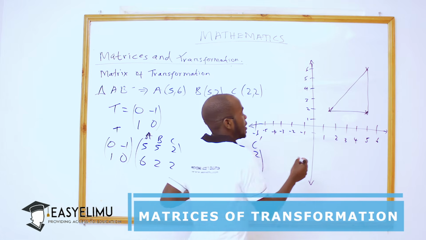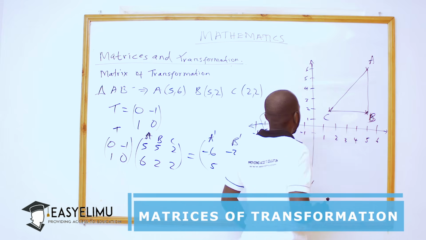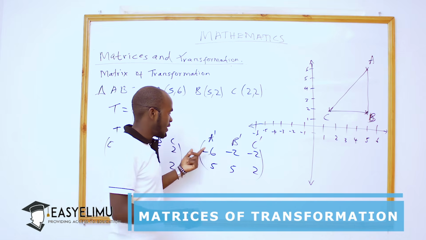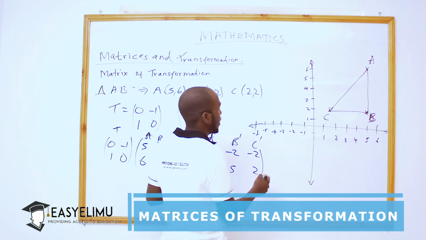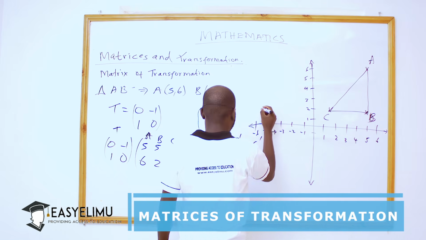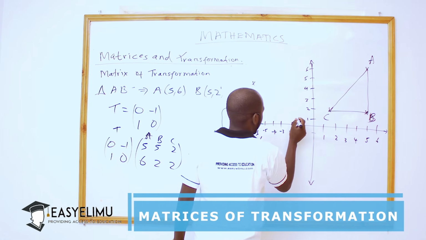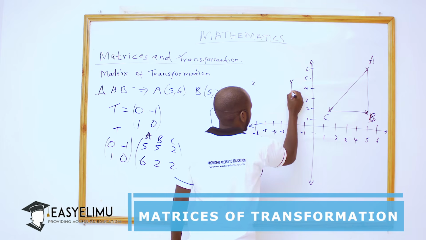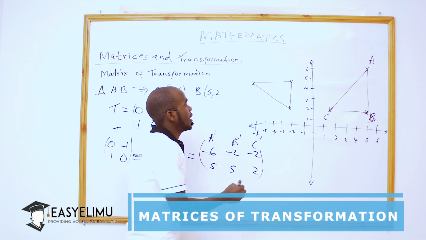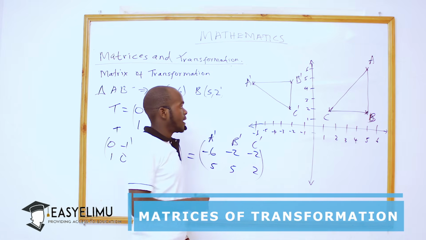And on plotting the images, this is the A, B, C. On plotting the image of the triangle ABC, that's A prime, B prime, and C prime, we shall get the object being as that one.